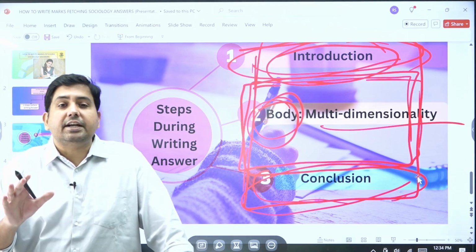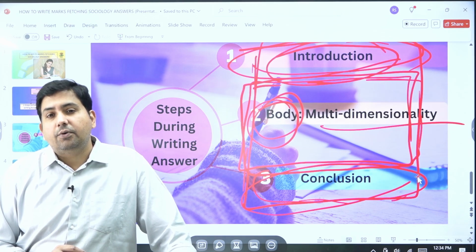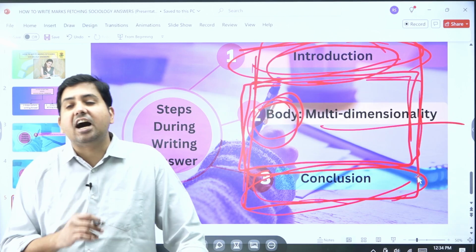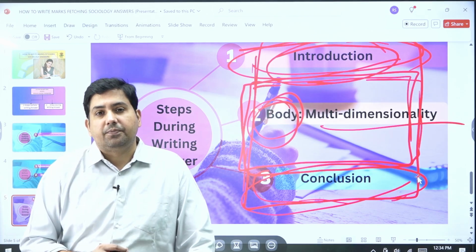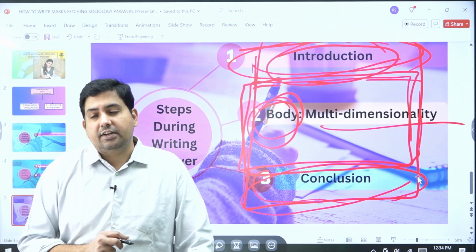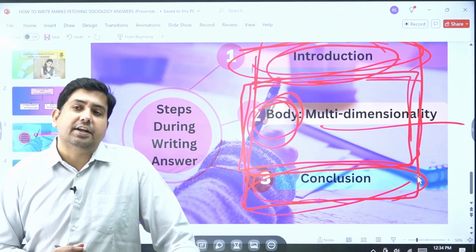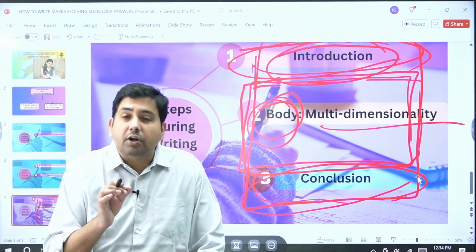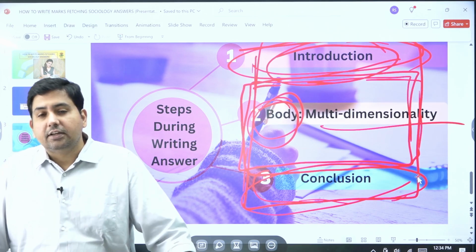For example, say data related to suicide. There is one agency called NCRB, that is the National Crime Records Bureau, that is Indian. They keep publishing data on suicide in India, and suicide is an important topic in your sociology syllabus.